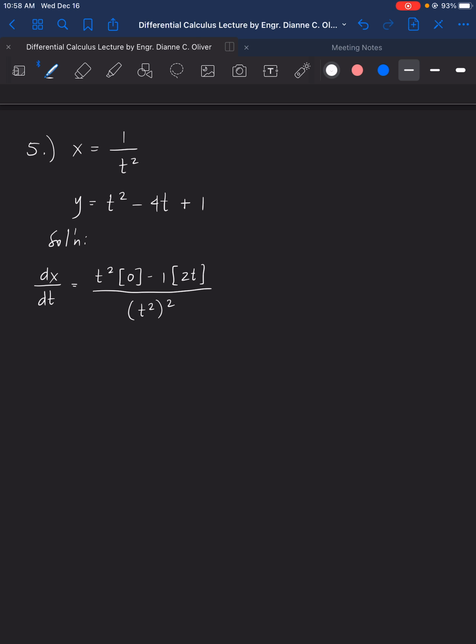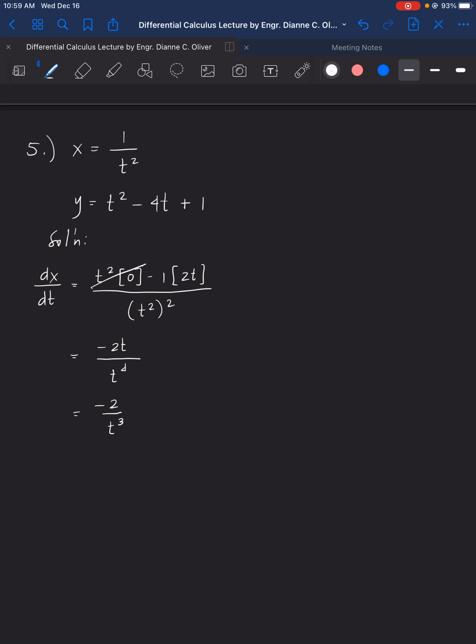Okay, so this becomes, cancel that one out. So this becomes negative 2t all over t raised to 4. We can reduce that still. So dx over dt becomes negative 2 over t raised to 3.